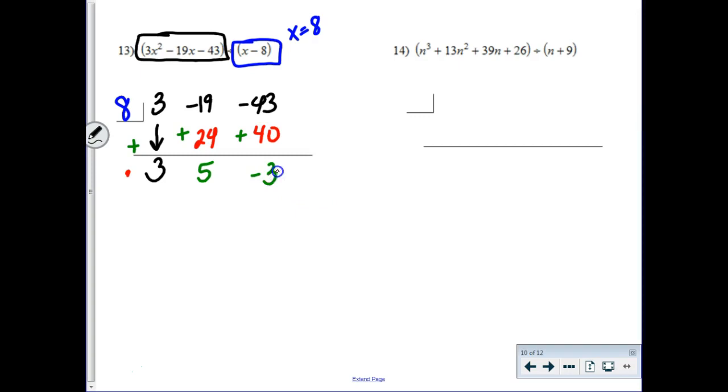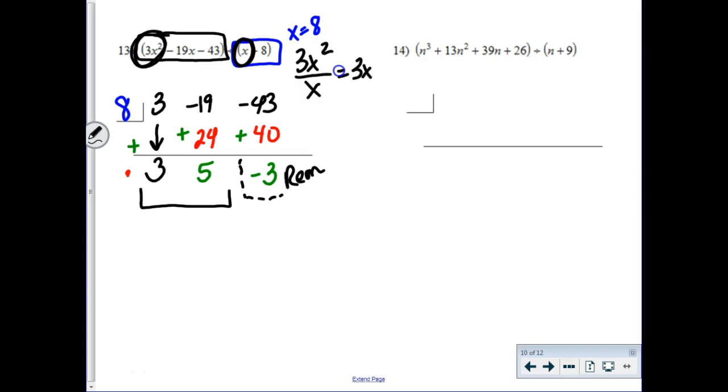Now, that last number you just got, that is the remainder. This is a bit tricky because you have to remember how you write your answer. You had 3x squared and you divided by an x. So if you think about your lead terms, you would be left with a 3x as your first term. So this 3 is really a 3x plus 5.